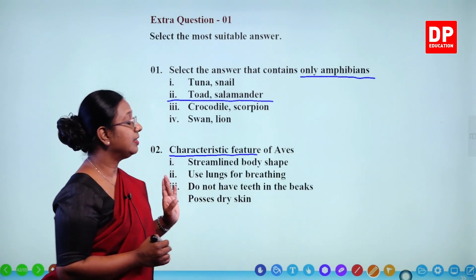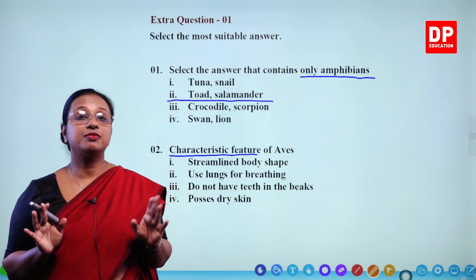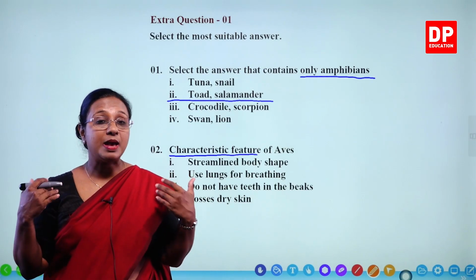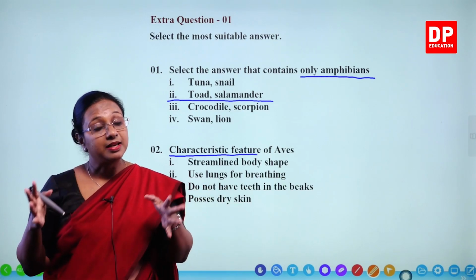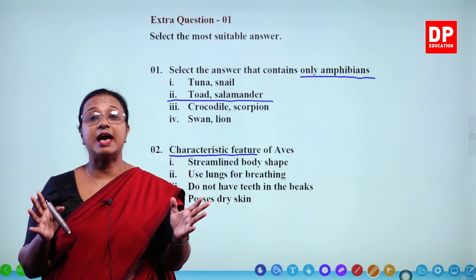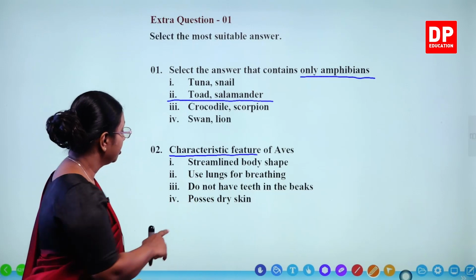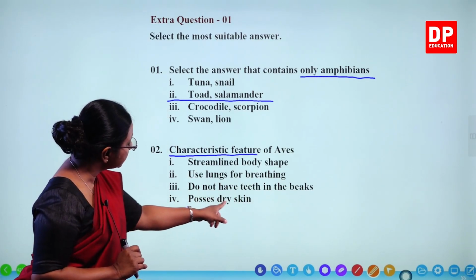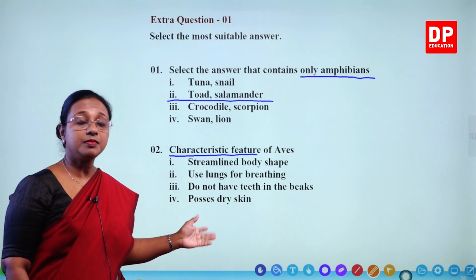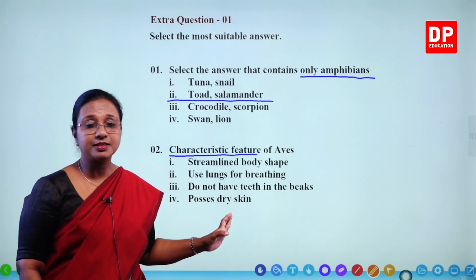Do not have teeth in the beaks. That is of course characteristic. Now, mammals have teeth. Reptiles have teeth. But birds, they don't have teeth in their beak. So, do not have teeth in the beak, that's correct. Possess dry skin. Birds have dry skin. That's correct.